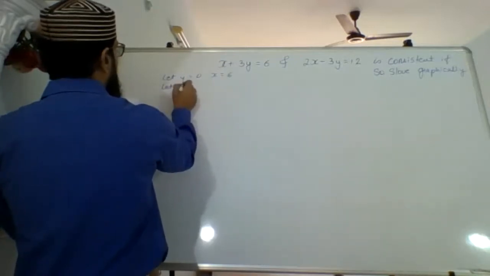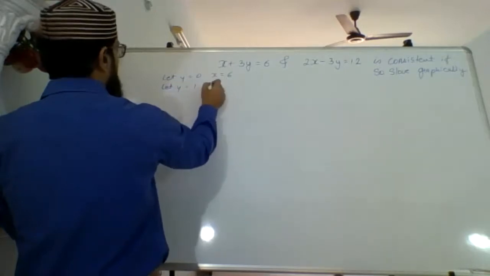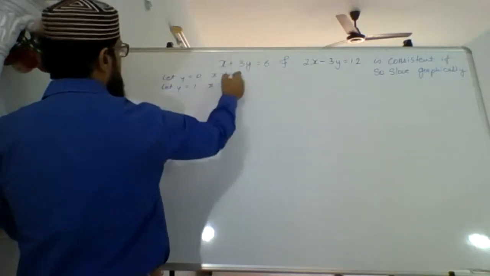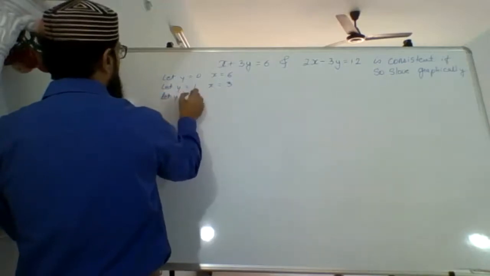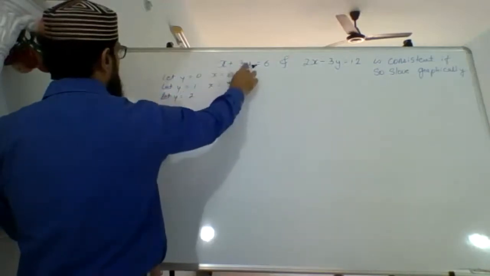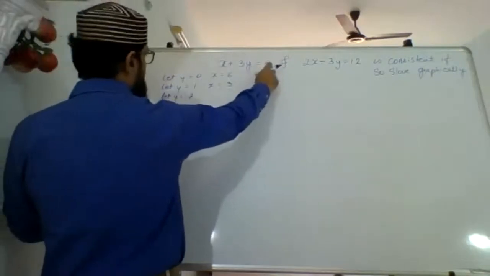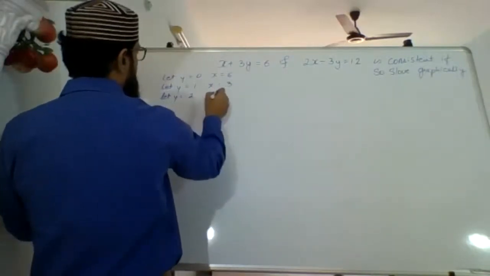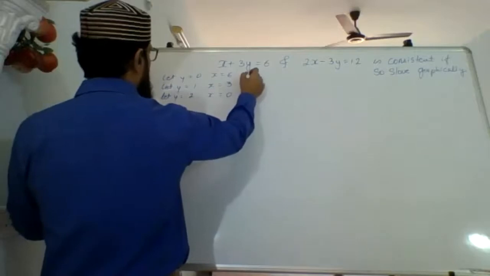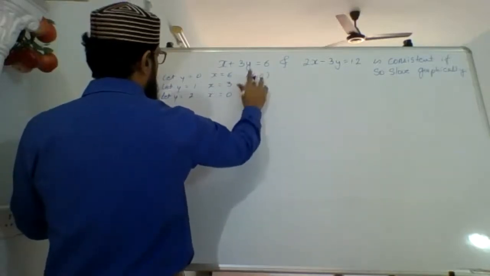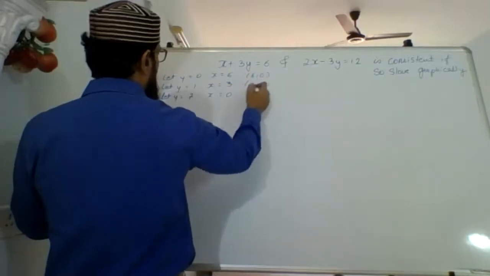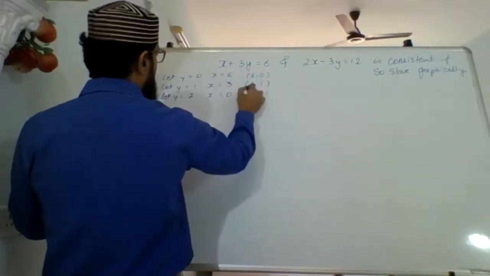Let y equal to 1, so x will be 6 minus 3, that is 3. Let y equal to 2, so 3 into 2 is 6; the 6, when it comes this side, becomes minus 6, so x equals 0. So I've got 6 comma 0, 3 comma 1, 0 comma 2.